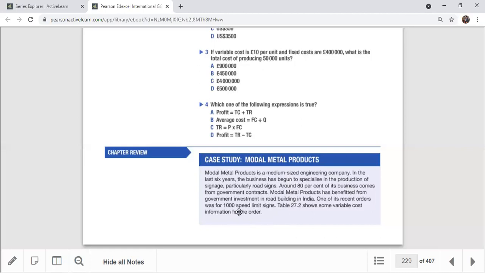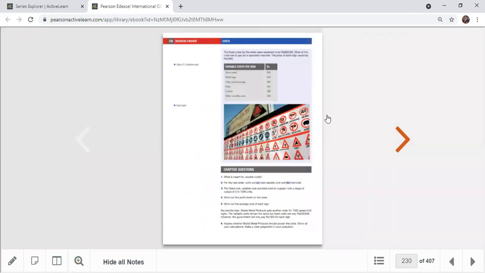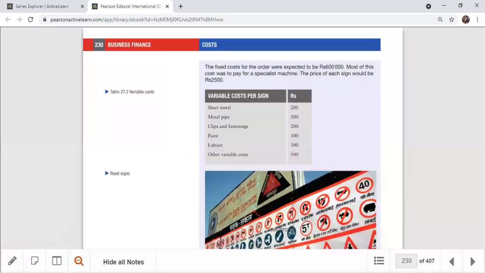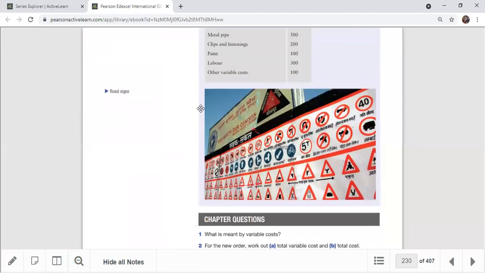One of its recent orders was 1,000 speed limit signs. Table 27.2 shows the variable cost information of the order. So they are making 1,000 items of speed limit signs like this. You can see this kind of speed limit on roads in every country. There are different road signals, signboards, right?